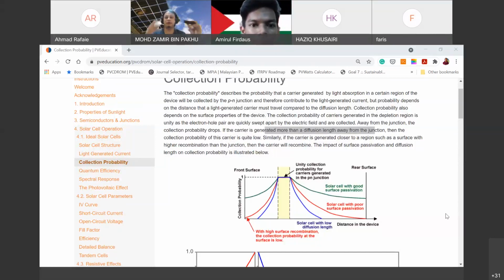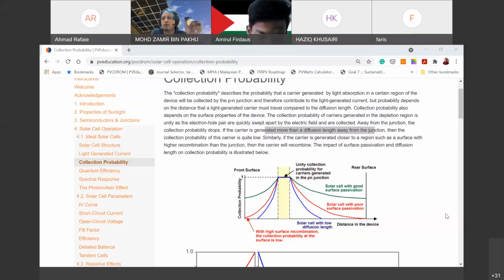So now you don't manipulate the diffusion length, but you manipulate the device thickness. It can be done. So when we talk about the thick wafer, of course, it's very, very hard unless you manipulate the diffusion length of the carriers. So my point is, when you talk about collection probability, when you work on a thick wafer or a thick device, you need to make sure that your diffusion length is very, very long, because you cannot play with the device thickness already because it's very thick to begin with.